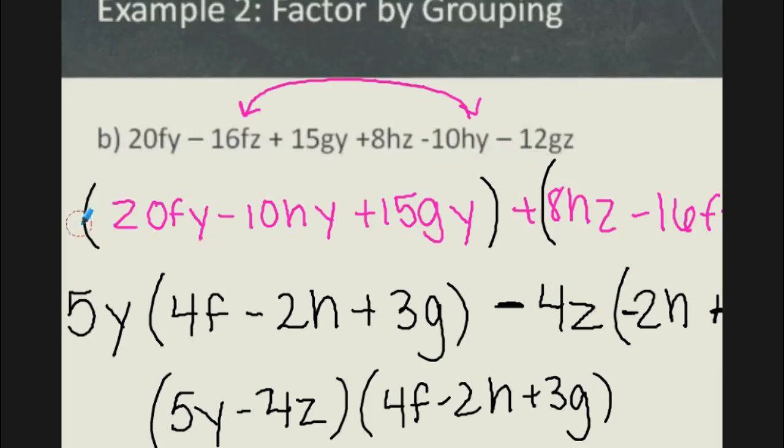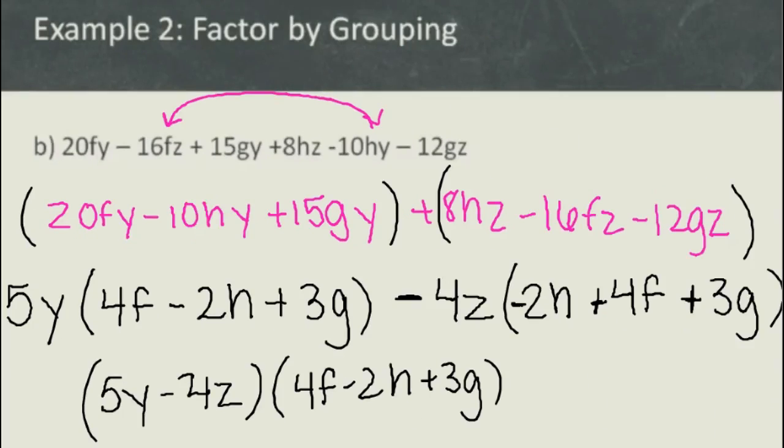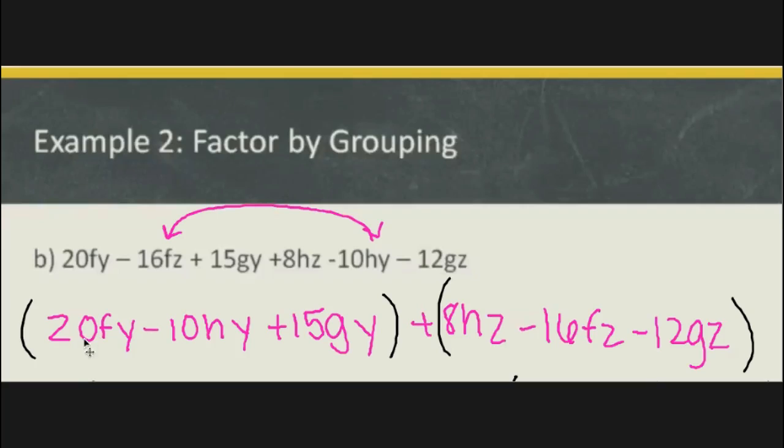So I'm going to rearrange my terms so all of the Y terms come first and all of the Z terms come at the end. So a technique in factor by grouping is to look for common terms and switch them around. That's why I was identifying the F's, the H's, the Z's, the G's, and looking at their commonality.